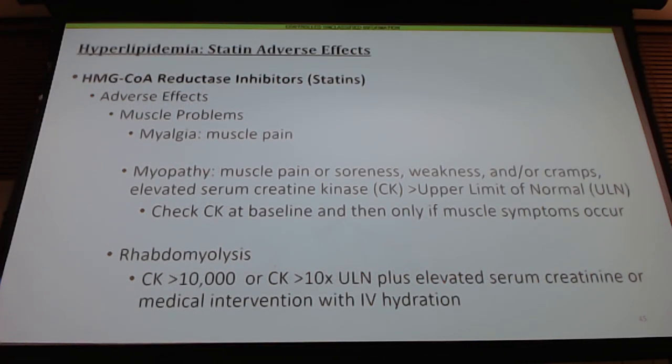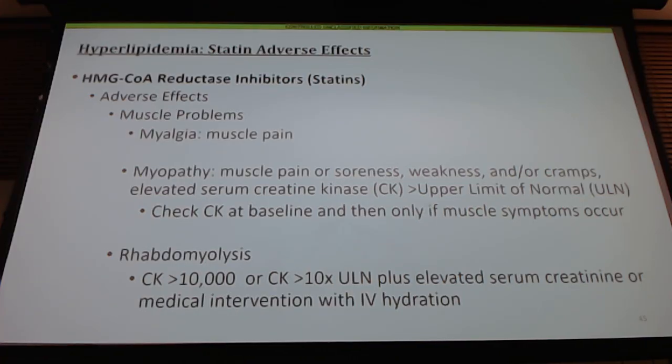But there are side effects that are associated with statins. We always think about the muscle things, right? There is the liver stuff, and that's why we get those baseline liver function tests. But the things that are probably most likely going to get you to discontinue a statin is going to be those muscle symptoms associated with it.